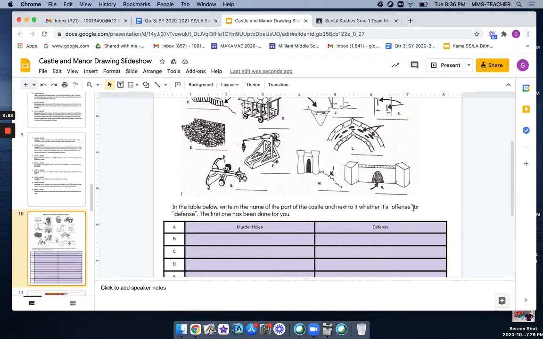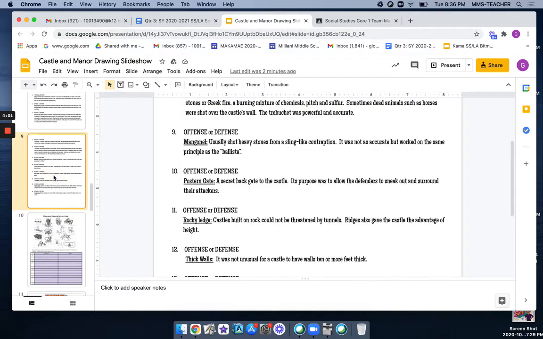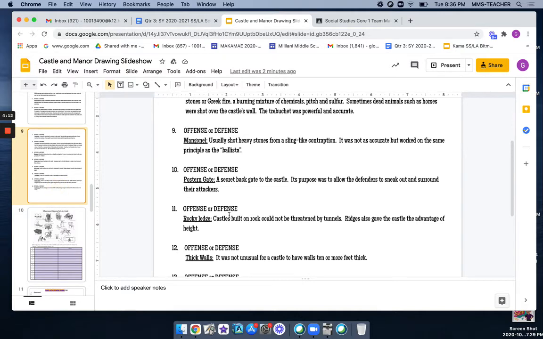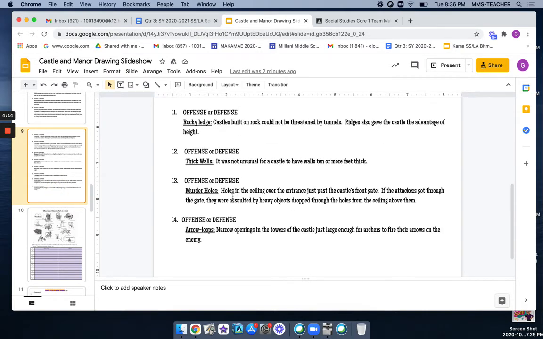Then I'm going to have to identify whether it's offense or defense. Remember, offense means you use it to attack others. Defense means you're using it to protect your area. Murder holes are holes in the ceiling over the entrance just past the castle's front gate, where heavy objects are dropped on attackers from above.